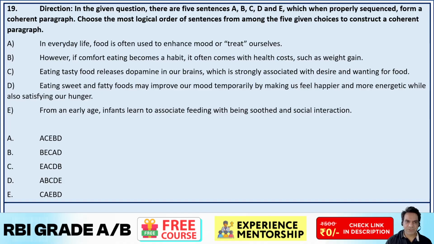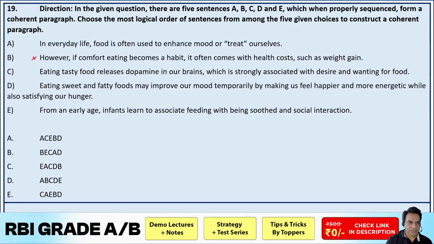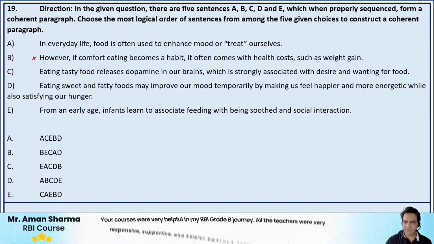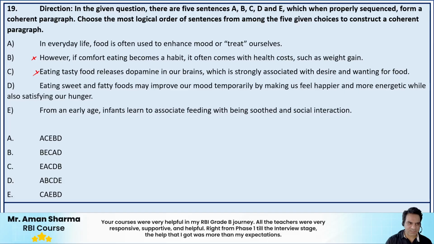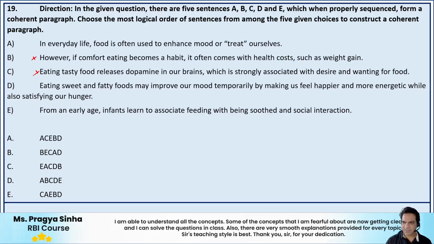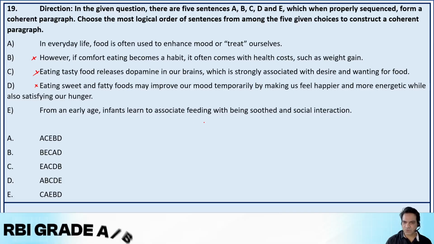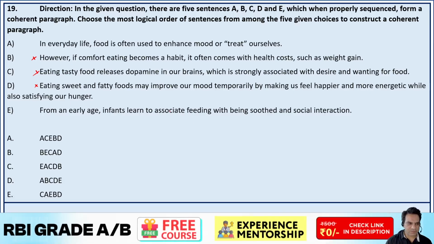In everyday life, food is often used to enhance mood or treat ourselves. However, if not comforting, this cannot be the first sentence. Eating tasty food releases dopamine in our brains, which is strongly associated with desire and wanting for food. Cannot be the first sentence. Eating sweet and fatty foods may improve our mood temporarily by making us feel happier and more energetic while also satisfying. No, cannot be the first sentence. From an early age, infants learn to associate feeding with being soothed and social interaction.